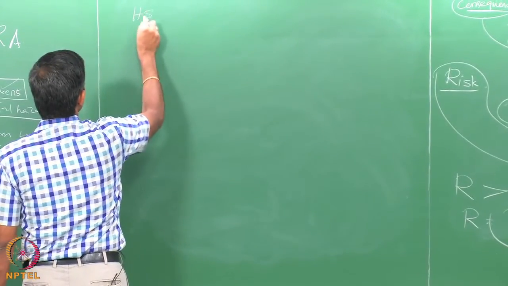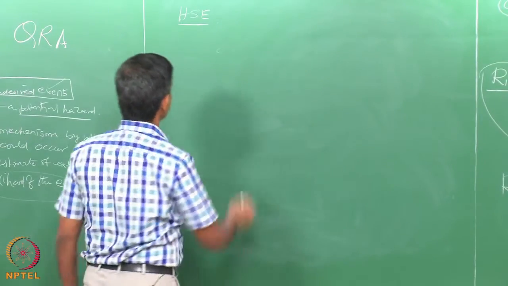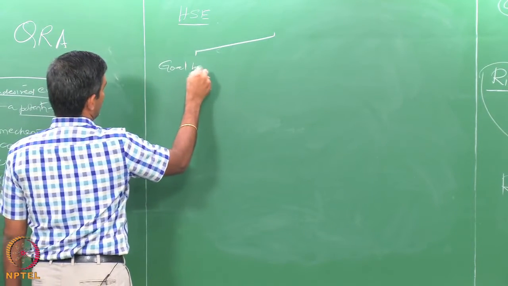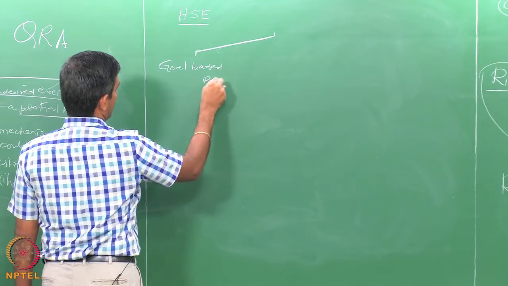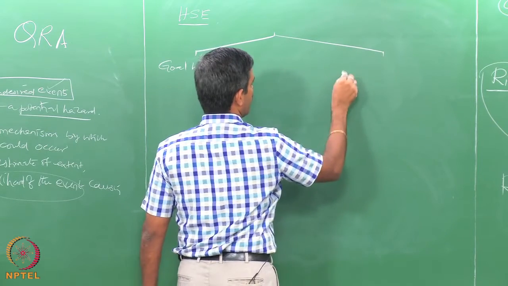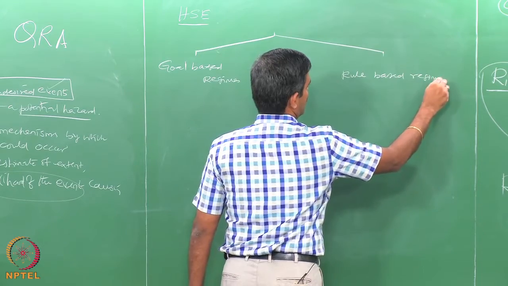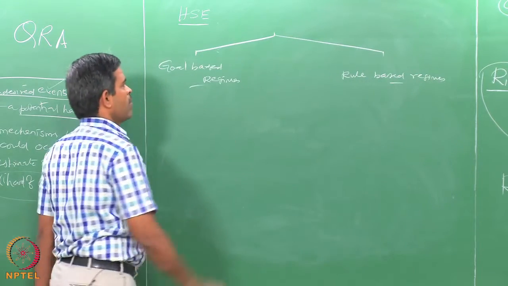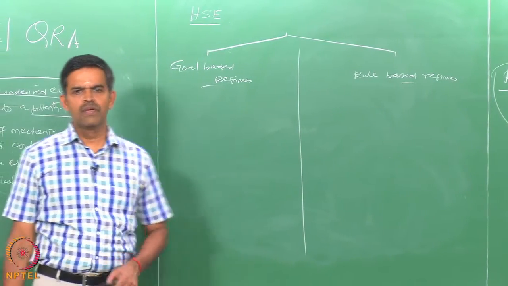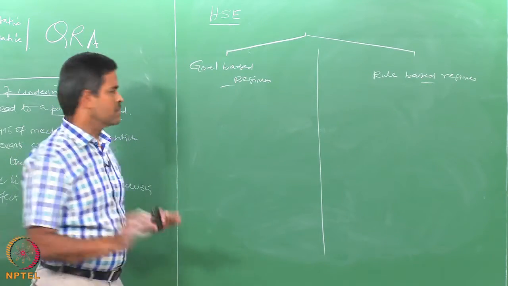So, initially when HSE rules or practices were introduced, they get divided as they proceed forward. Goal setting regimes have a duty holder who assesses the risk.